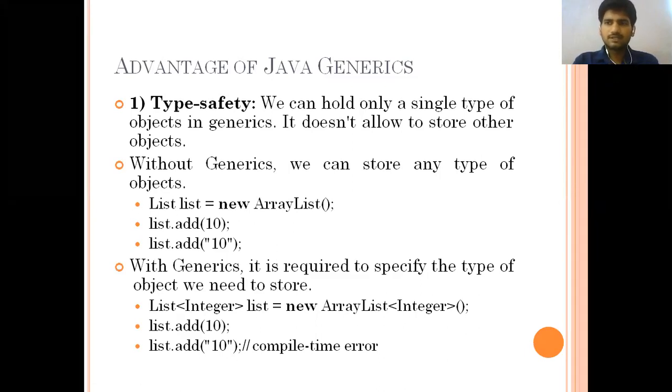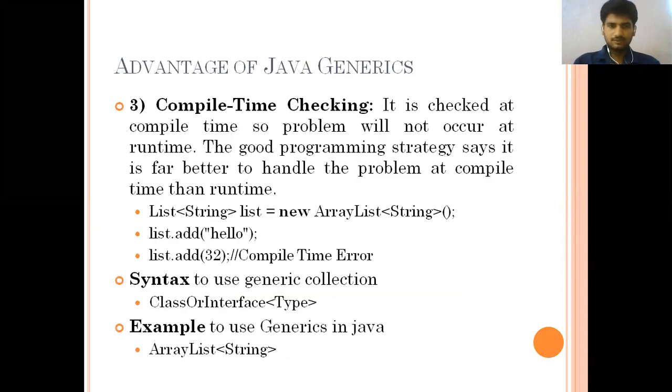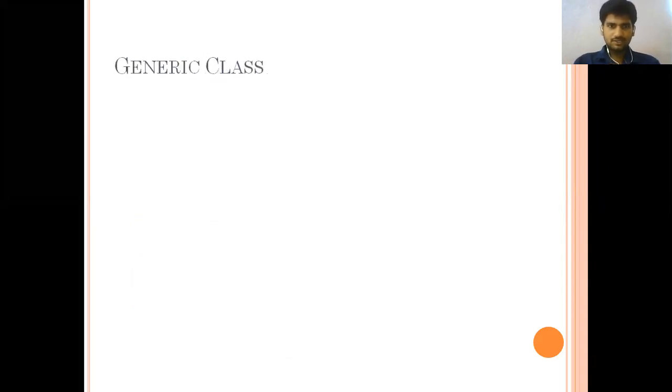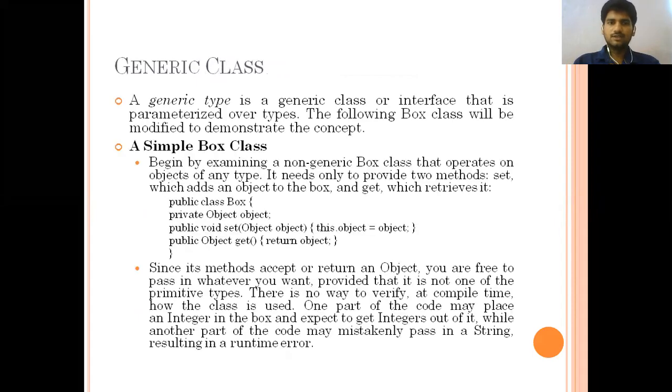Here we specifically mentioned we have some integers. Even though the data is in ASCII format, we consider it as input, so we need to get the exact data. In order to avoid runtime errors, we use generics in the Angular process. See how the generic class is mentioned.